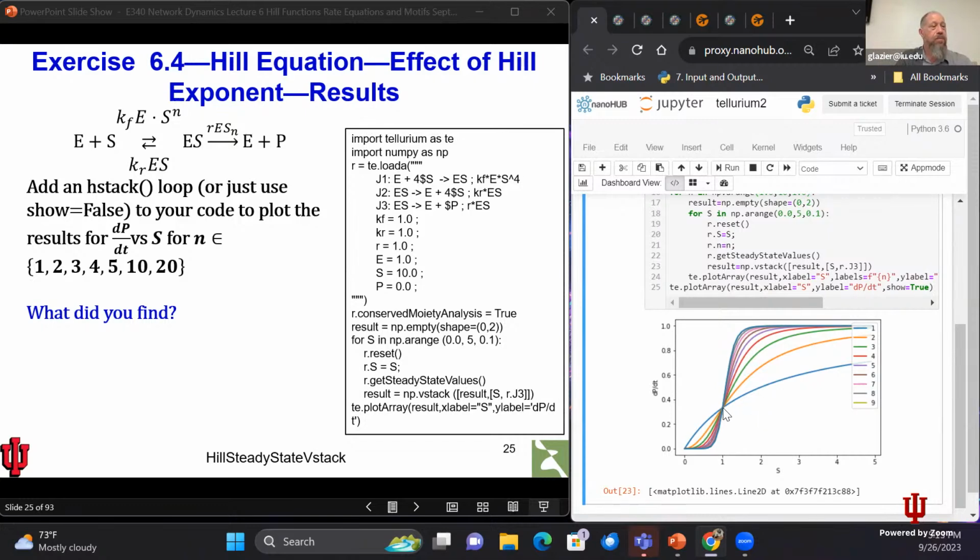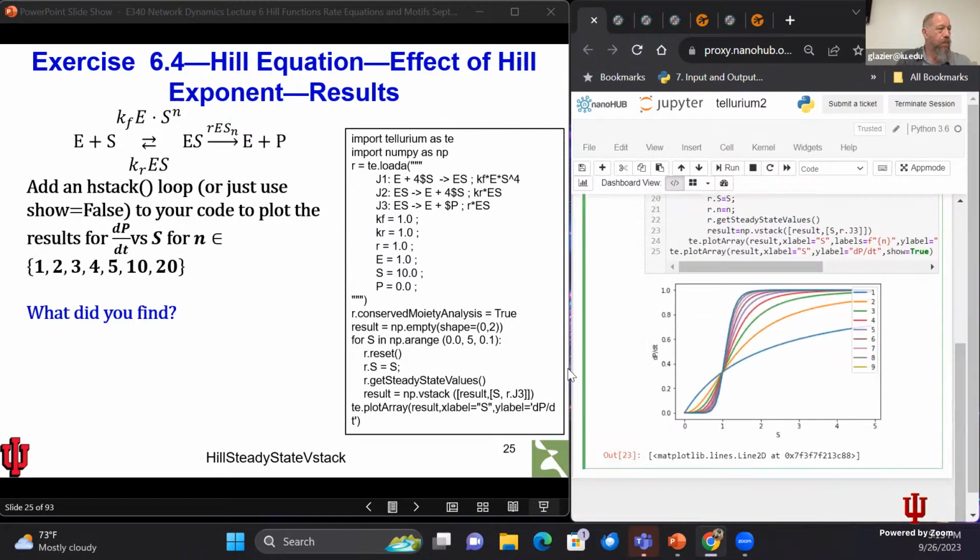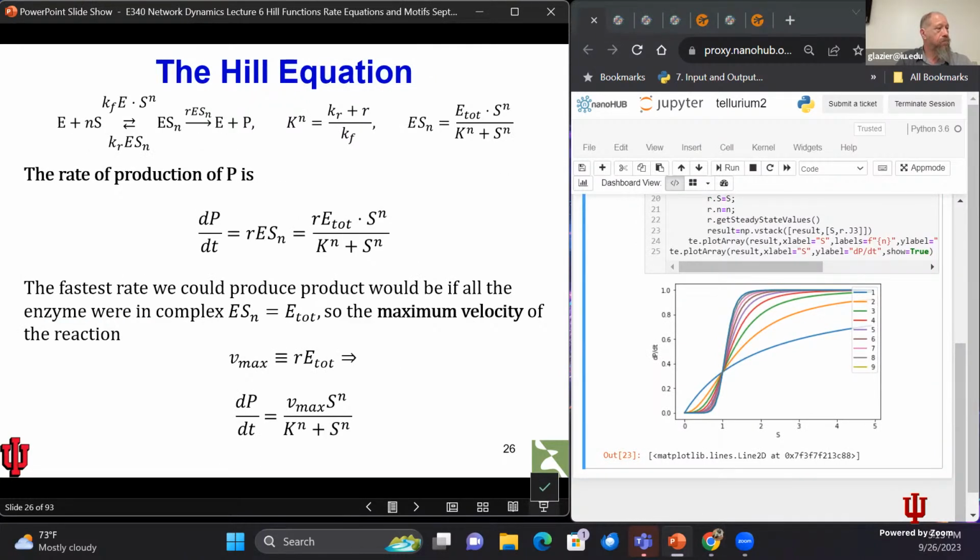We'll notice that the value is always 1/2 when S is equal to 1. And that's because we set our capital K, our Michaelis K, to be 1. And so let's think about this.